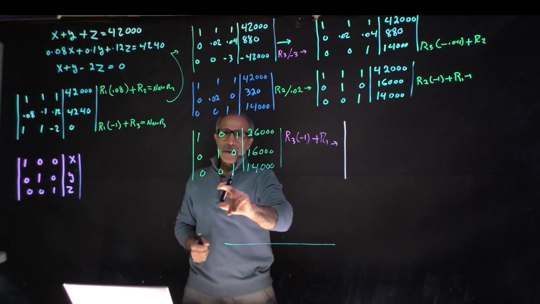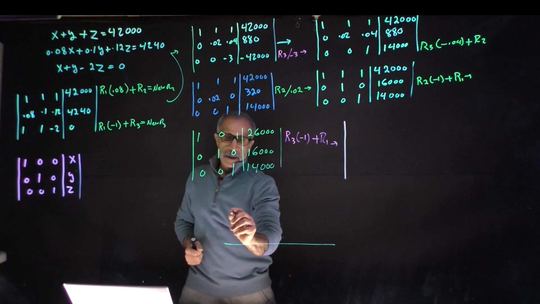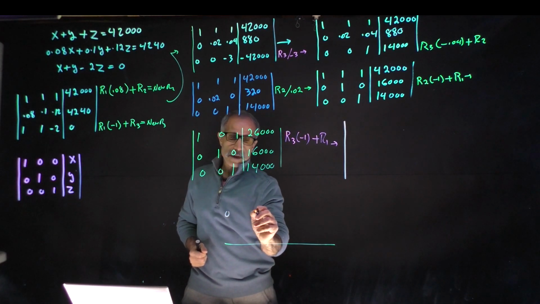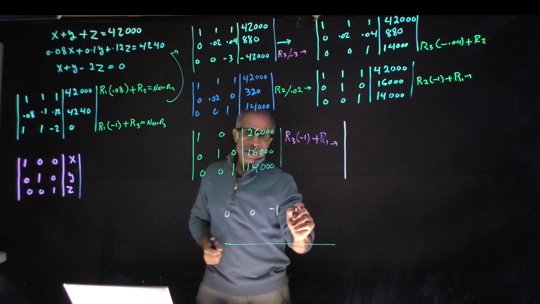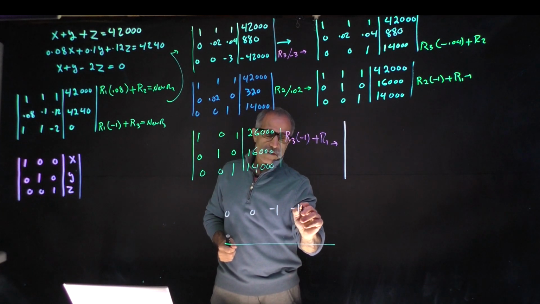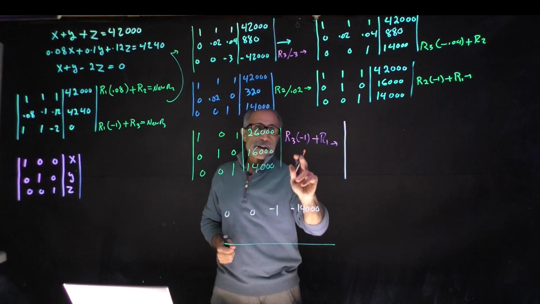Row 3 multiplied by -1, so that becomes 0. -1 times 0 becomes 0. 1 times -1 becomes -1. 1 times 14,000 makes it -14,000. And add that to row 1.